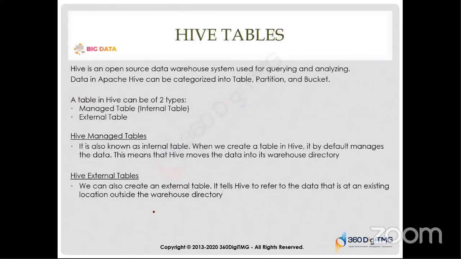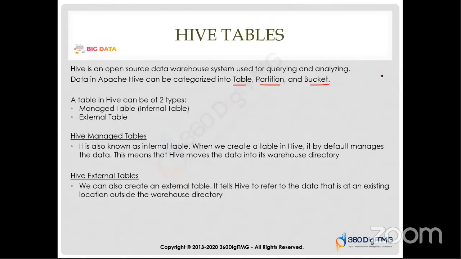Now, when I come to Hive, those are the components. And when you work with Hive, as I said, it is an open source data warehouse system or tool. And the data in Apache Hive is categorized into tables, partitions, and buckets. One bucket might have multiple partitions, right?